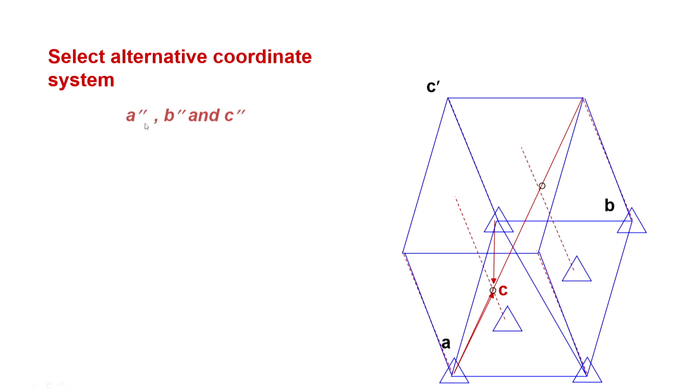Starting with this, we now define an alternative axis system A double prime, B double prime and C double prime, starting from this lattice point. So, I define 3 vectors A double prime, B double prime, C double prime. Now, all of these vectors you can clearly see would have the same length.